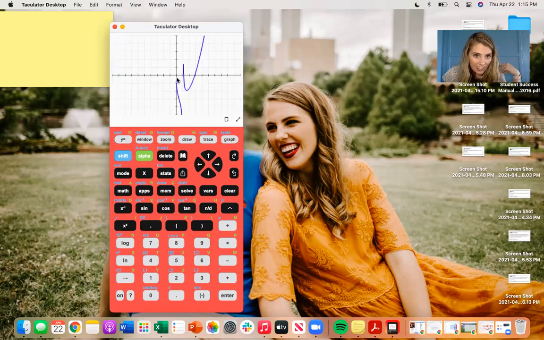Okay. So I can see that there's a split, but there are also 2 intercepts here. This is when I'm going to click my trace button. So with my trace, I'm going to scroll. If you use these arrows, it will scroll across your graph.